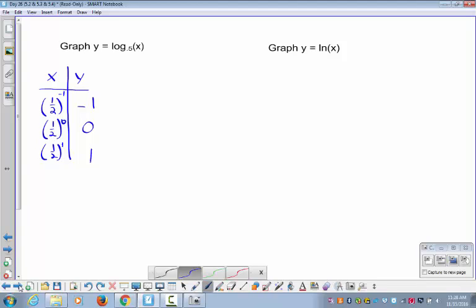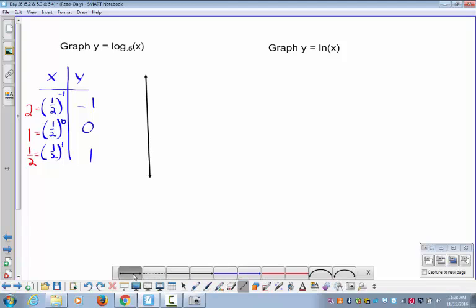All right, so let's convert these x values over here into easily plottable numbers. 1/2 to the negative 1 is 2. 1/2 to the 0 is 1. 1/2 to the 1 is 1/2. So those are our 3 x values that we're going to use to plot this log.